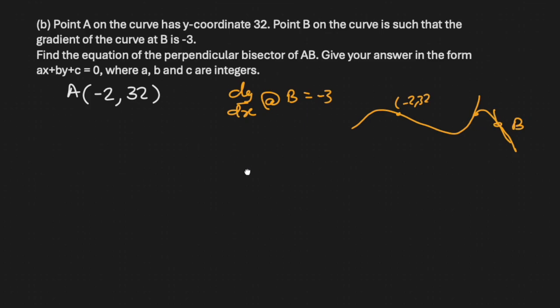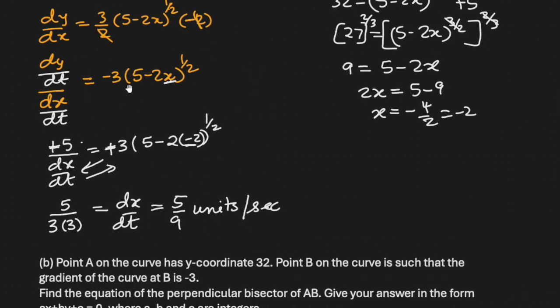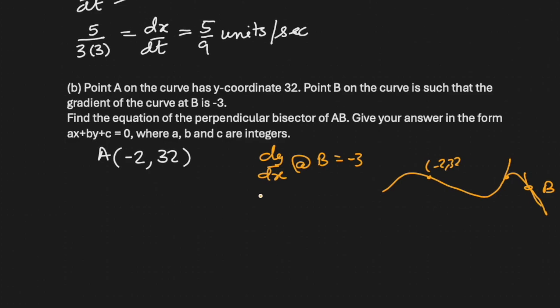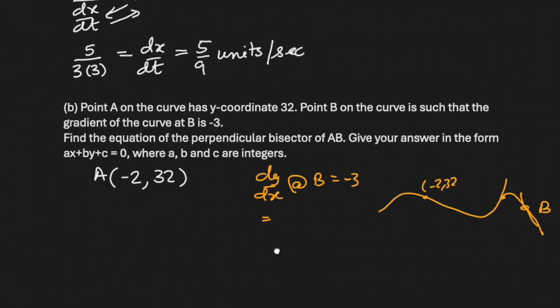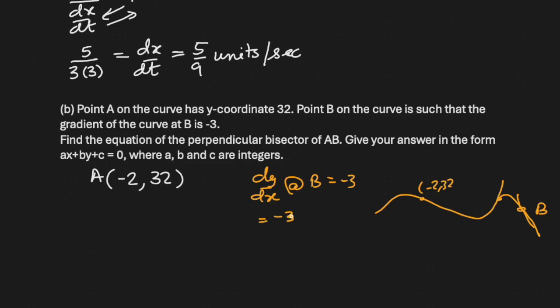Okay, so dy over dx we got earlier was what? This. Minus 3, 5 minus 2x to the power half. They said this is equal to minus 3. Okay, that means this minus 3 and this minus 3 can cancel out.